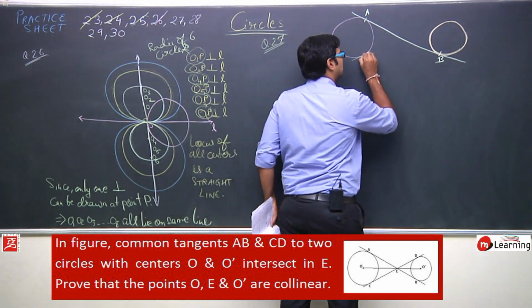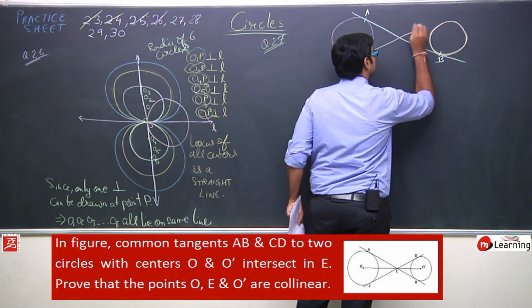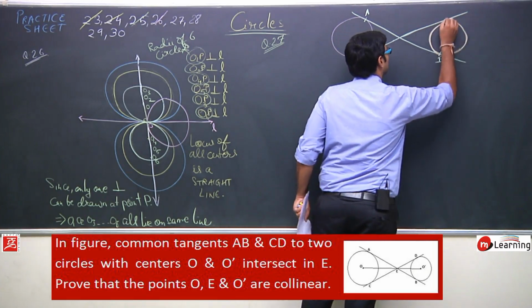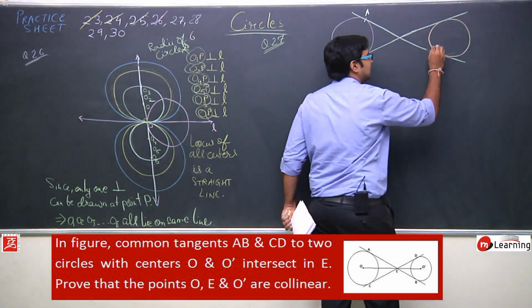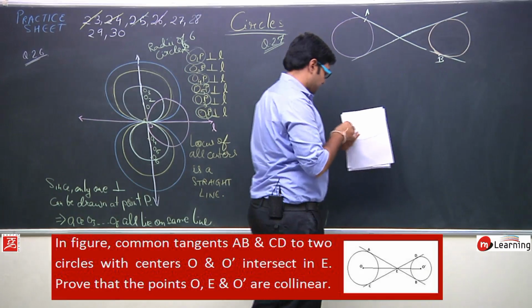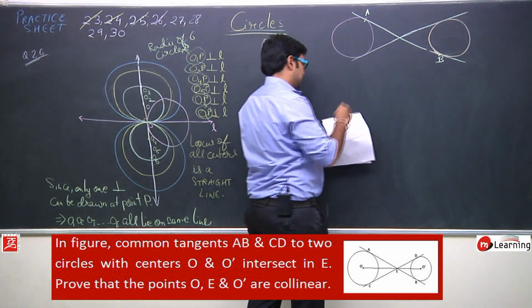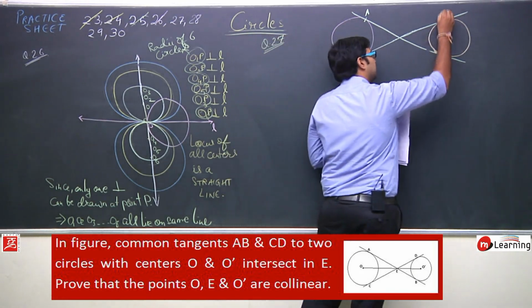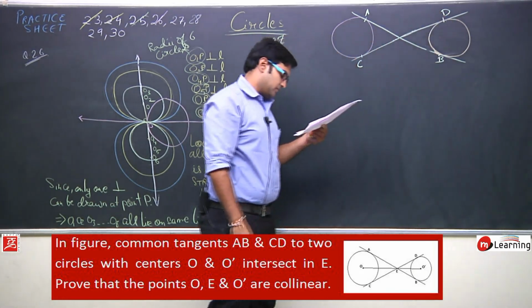Now, I have drawn one more tangent like this. Let us say these are two circles. Another tangent is tangent at this point C and tangent at this point D. Okay.